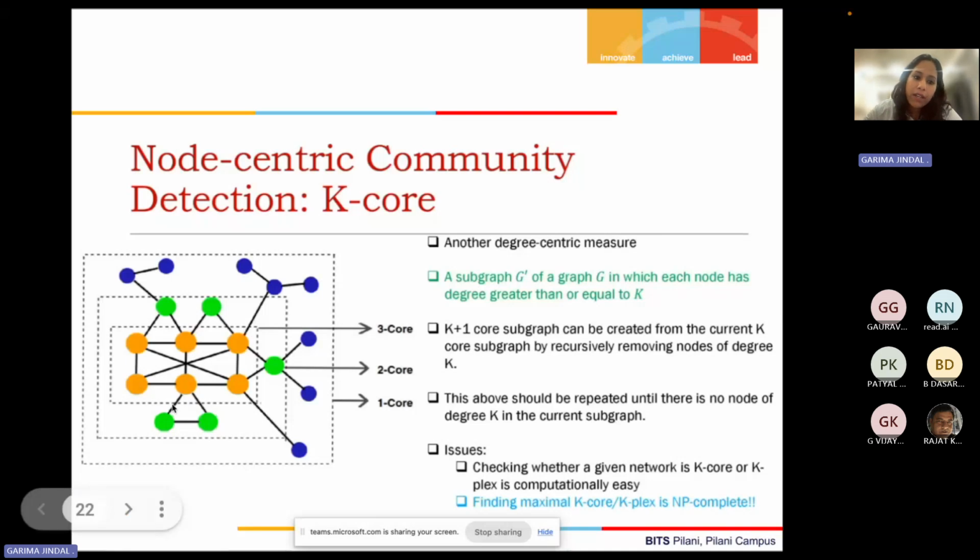If I remove all these external connections, I am left with the nodes that have degree greater than 2. Okay, so all these nodes form a third community, that is the 3-core.